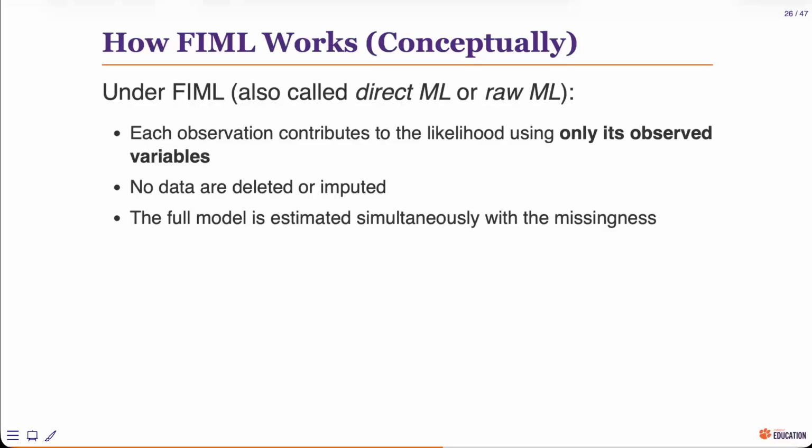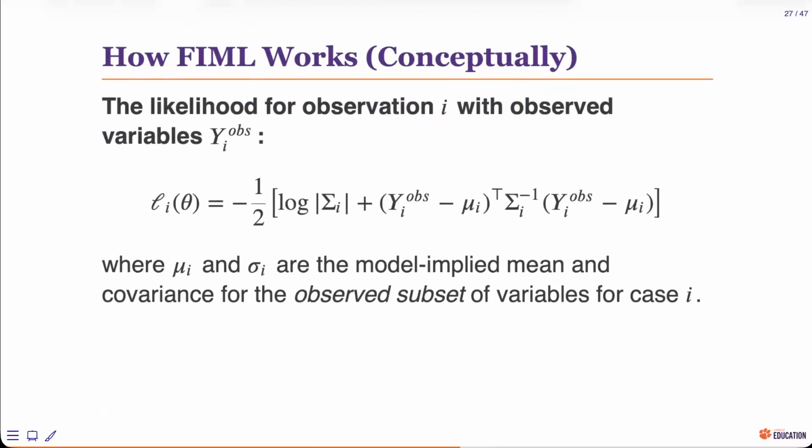In that case, the likelihood function for that subject will not be 5 dimensions. It'll be 4 dimensions, basically 4 variables. The omitted variable is dropped, and the remainder of the covariance matrix is used. So no data are deleted, no data are imputed. We just use what we have, and our likelihood function adapts to the size of the data that we end up having. So the full model is estimated simultaneously with the missingness put in place.